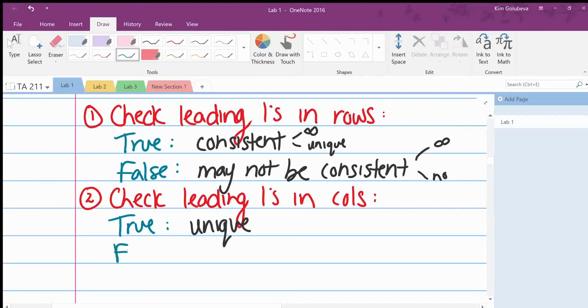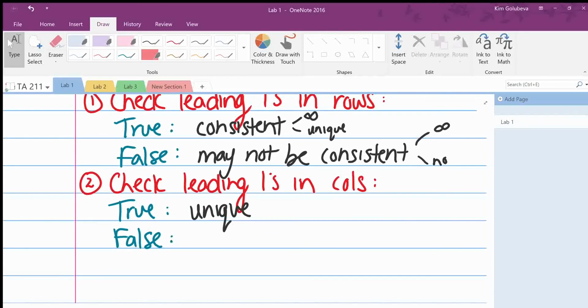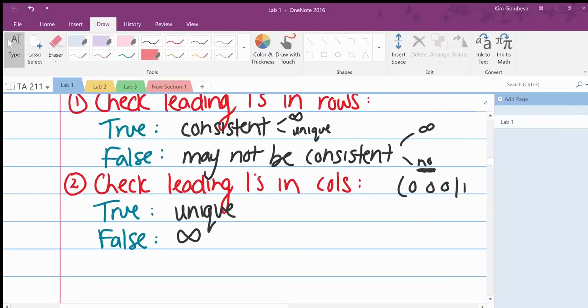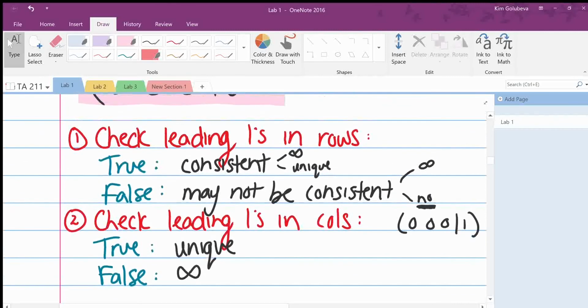If there's leading ones in all of the rows, but not in all of the columns, then you know it's infinitely many solutions. And then of course you'll check earlier on if there's something of the form 0, 0, 0 equals 1 or something like that, then there's no solutions.